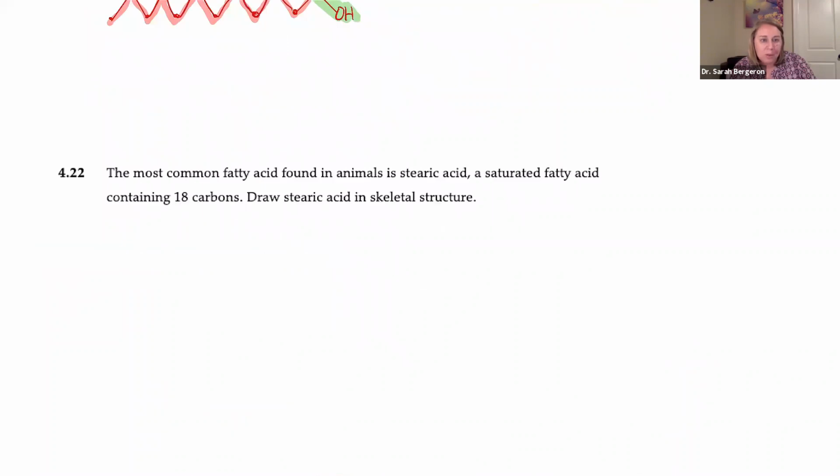4.22. All right, the most common fatty acid found in animals is stearic acid, a saturated fatty acid containing 18 carbons. Draw stearic acid in a skeletal structure. So what you have to remember is that it is a fatty acid. If you have a fatty acid, that means that you have an alkane.